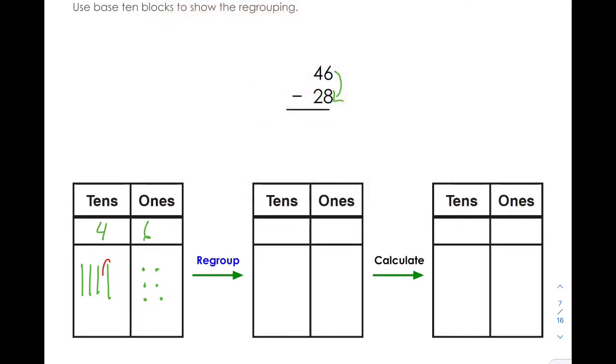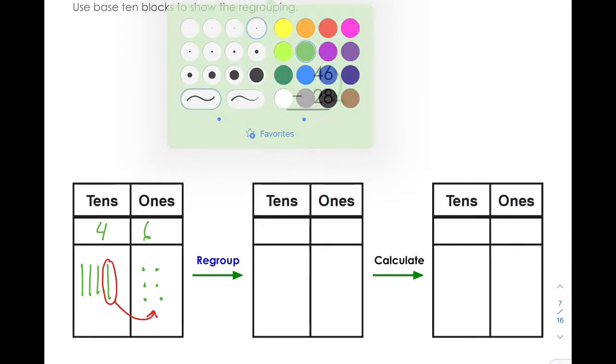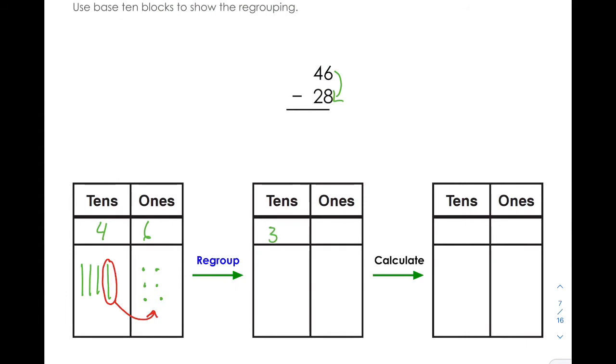I'm going to take one of these tens and exchange it for 10 ones. So I'm going to end up having 3 tens left over, 1, 2, 3. And then I'm going to have 16 ones. So there's 10, and 11, 12, 13, 14, 15, 16 ones.